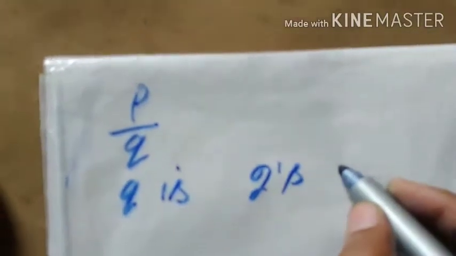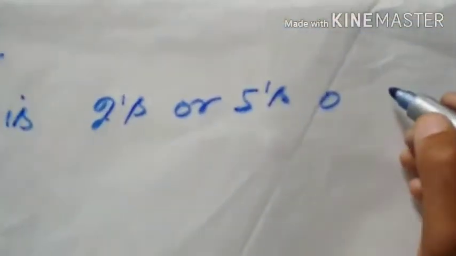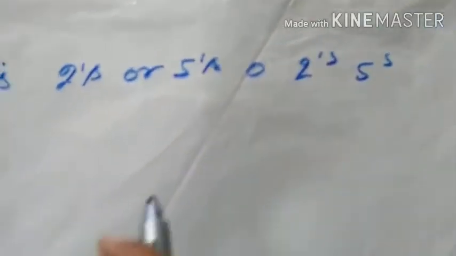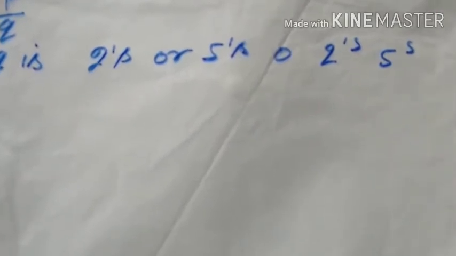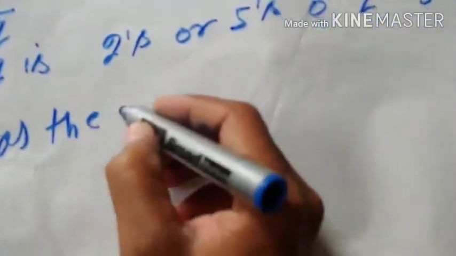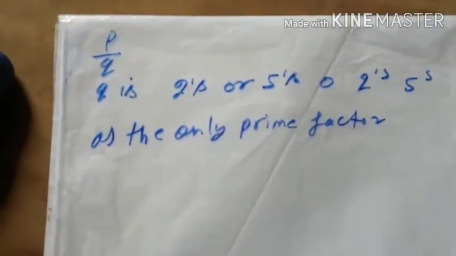It is terminating if the denominator term has either 2s or 5s, or a combination of both, as the only prime factor. It is the main term, as the only prime factor.